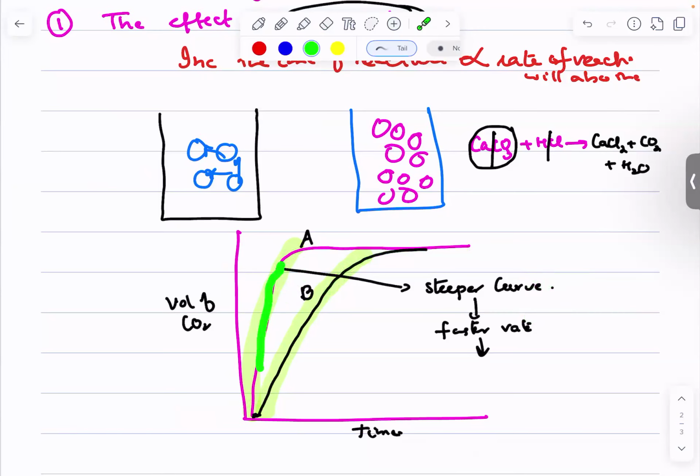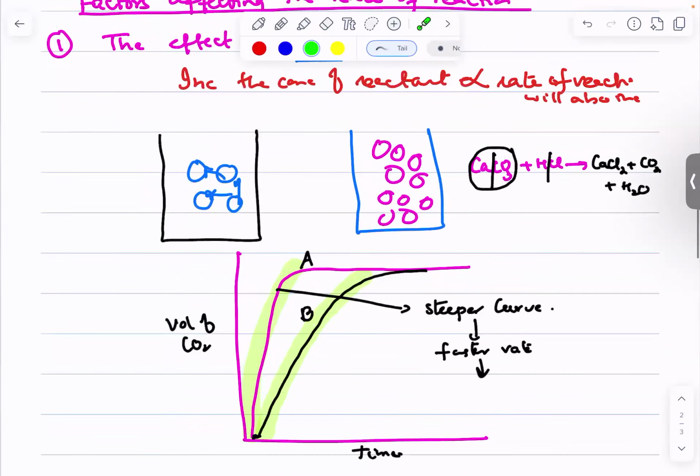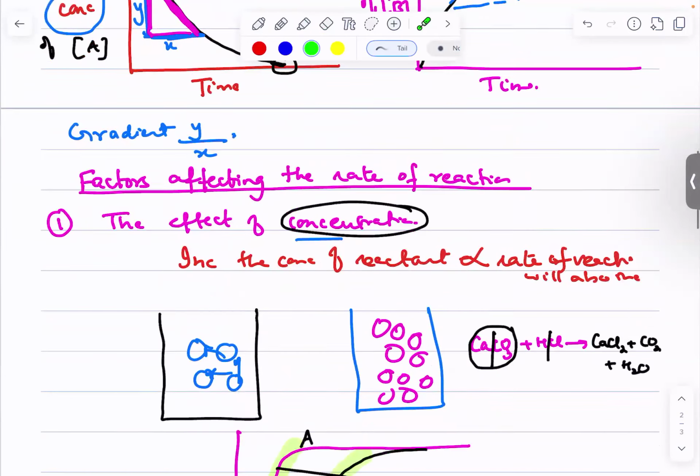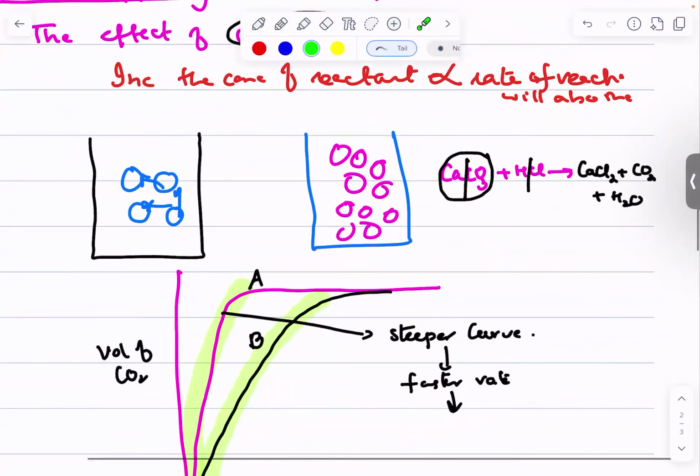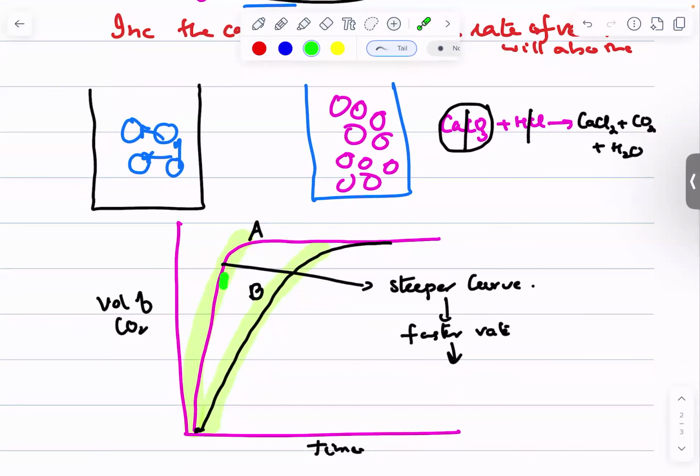So why is it faster? Because the concentration of the acid was greater. That is why the volume of carbon dioxide was very high in the beginning. Is it clear? So curve A represents the higher concentration of the acid.